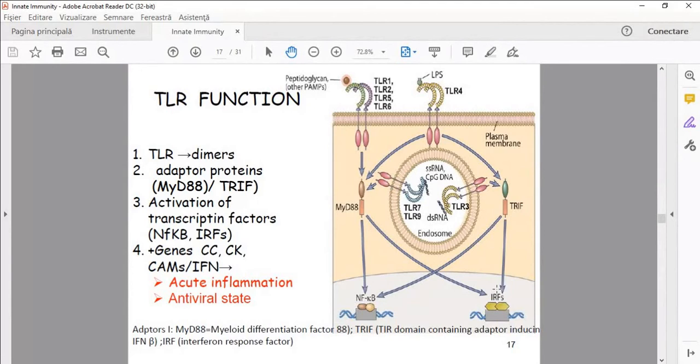As a result of their secretion, the cell will be able to fight against the viral infection, for example.